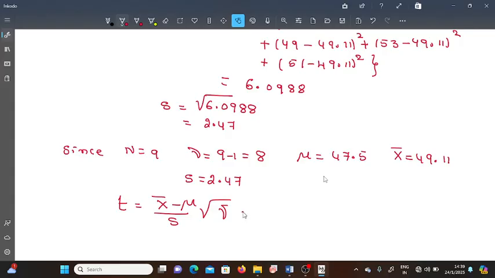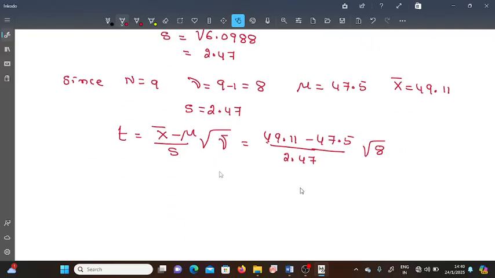If we substitute all the values here, the sample mean is 49.11, the population mean is 47.5, the sample standard deviation is 2.47 and the square root of 8 is used. If we simplify this equation, we get the t statistic value as 1.844.